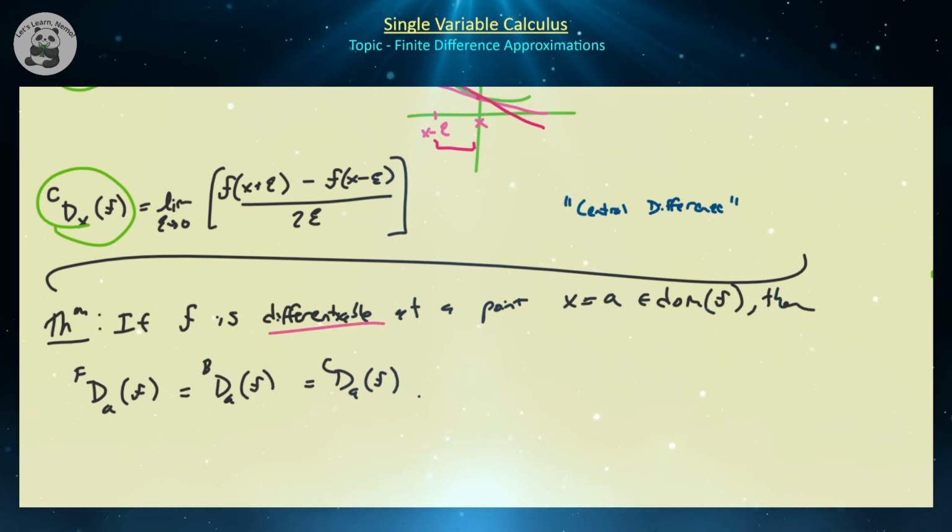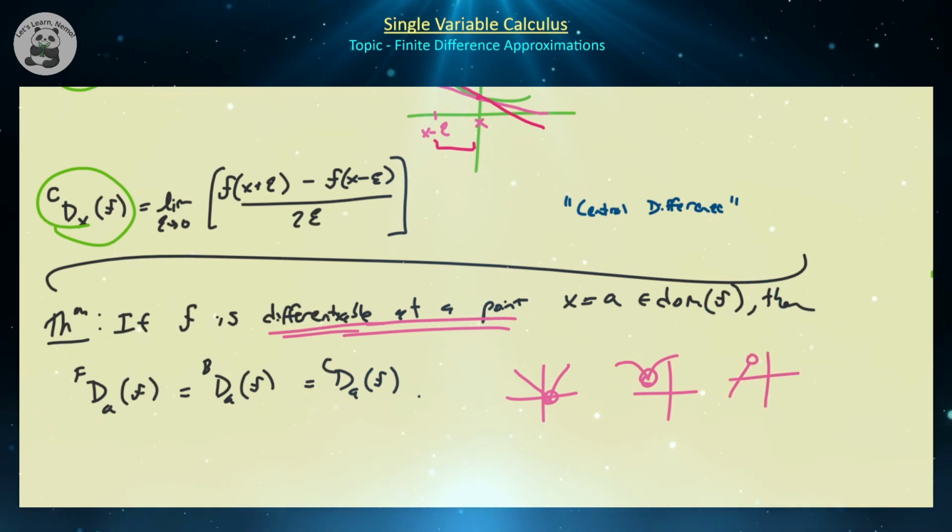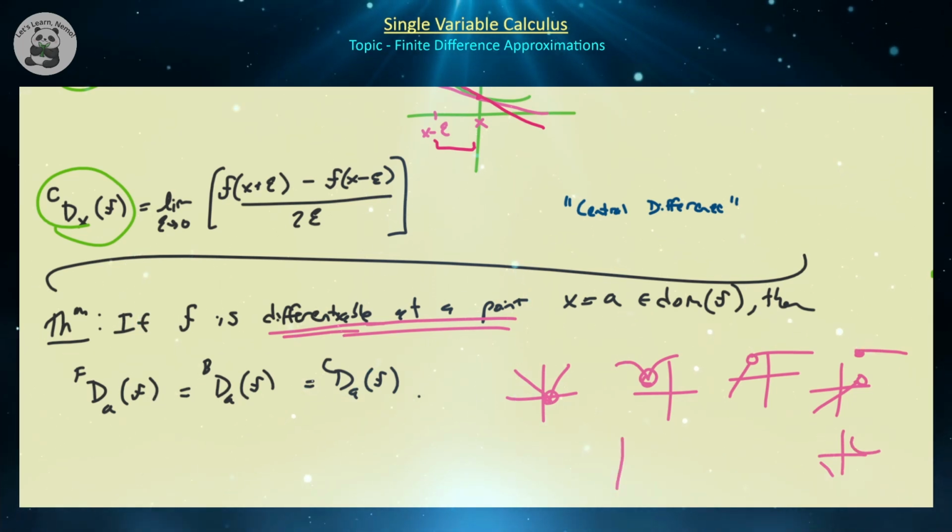Now, in case you don't know what we mean by differentiable at a point, it needs to be, loosely speaking, well behaved. For example, you cannot have a corner at that point, like the absolute value of x. You cannot have a cusp at a point, like x to the 2/3. You can't have any removable discontinuities, any jump discontinuities, or infinite discontinuities at that point, and the function must exist to the left and to the right of that point.